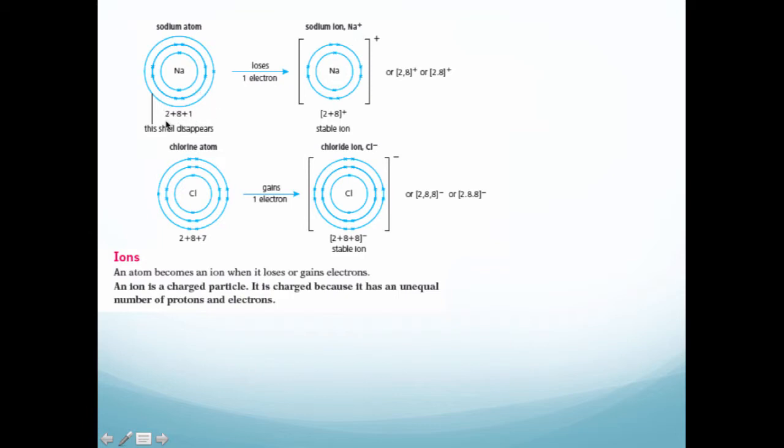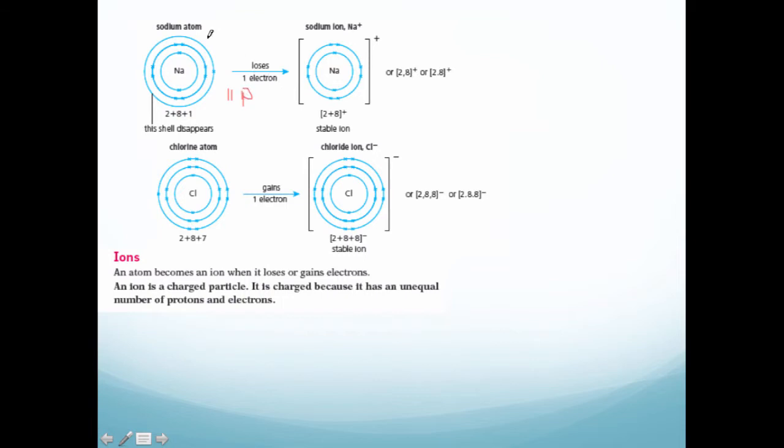In here, if the sodium atom is stable, if it is neutral, then it will have the same number of protons as electrons, right? So when it's neutral, the number of electrons is 11. I'm going to write it over here. It is 11. That means it will have the same number of protons.